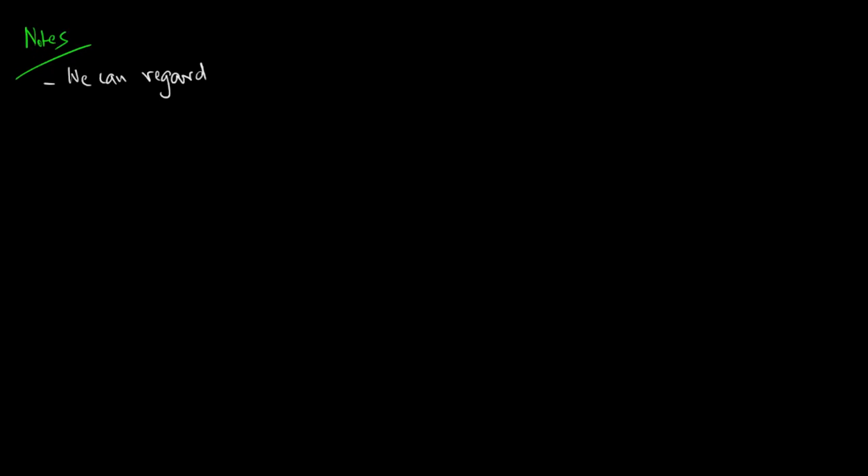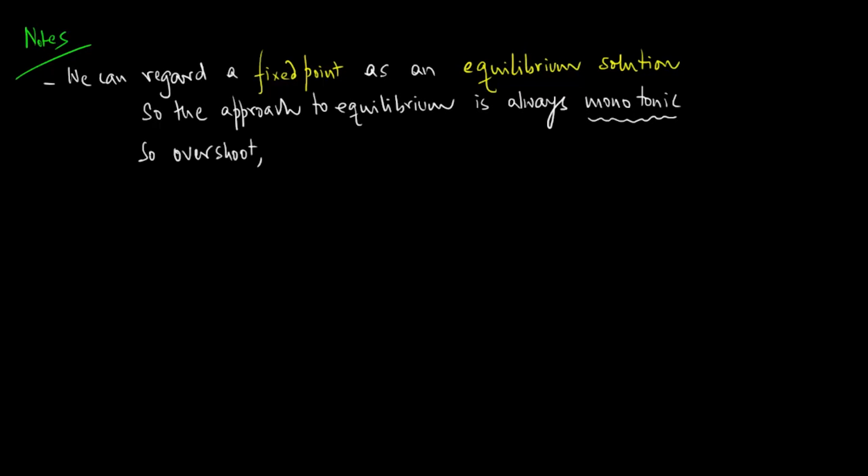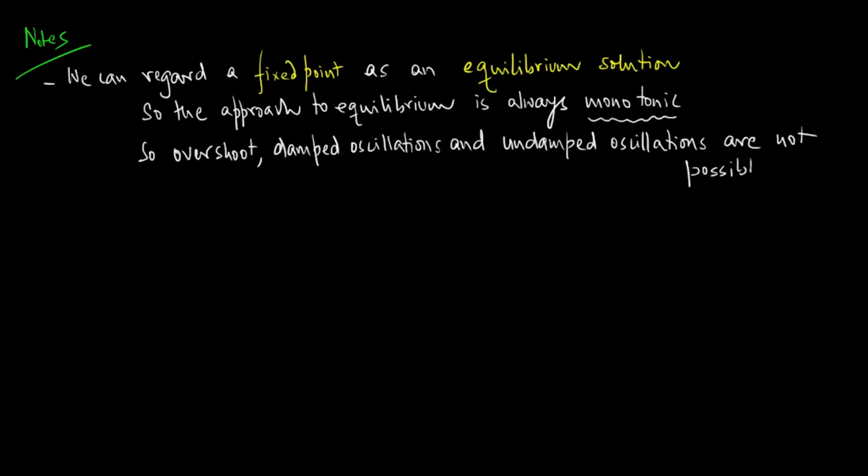We can regard a fixed point as an equilibrium solution. So the approach to equilibrium is always monotonic. So overshoot, damped oscillations and undamped oscillations are not possible.